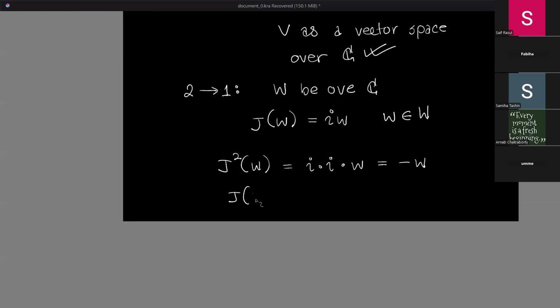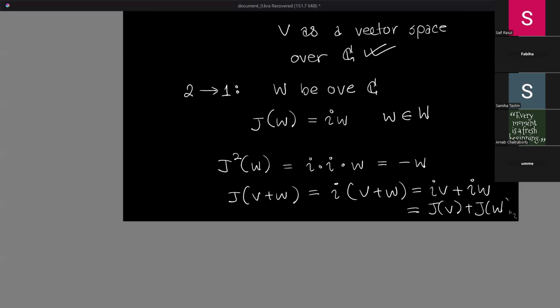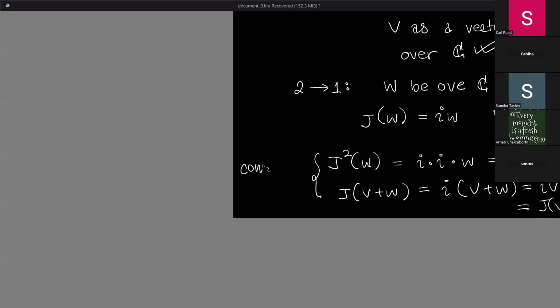J of (V plus W) is equal to i times (V plus W), but that's also equal to i into V plus i into W, which means that it's equal to J of V plus J of W, which means that J is a linear map, which means that J is indeed a complex structure.